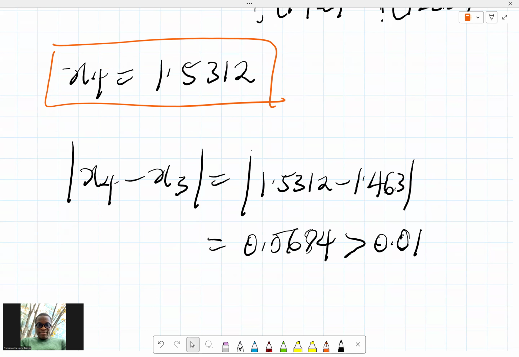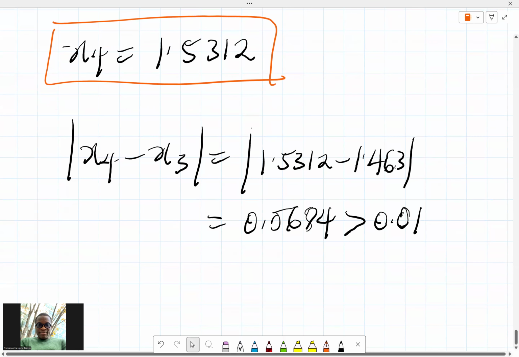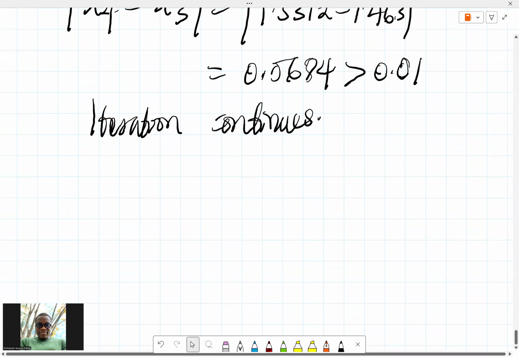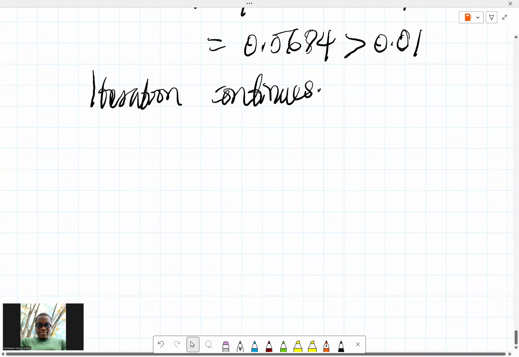It's still greater than 0.01, although we are almost there. So iteration continues, but we are hopeful because that absolute value is getting smaller and smaller. So one day we will arrive at where we are going.